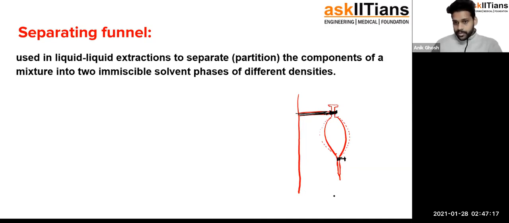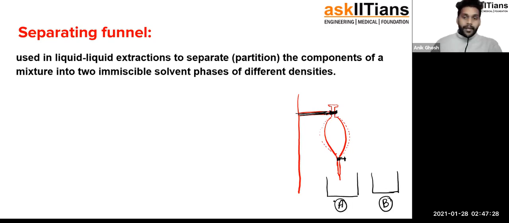So let me just draw another beaker over here as well. So we have two beakers, beaker A and beaker B. Fine. Now, how would you do this? First, we need to understand what particles are getting separated through this process. So this is a separating funnel, and this is the entire separating funnel setup.